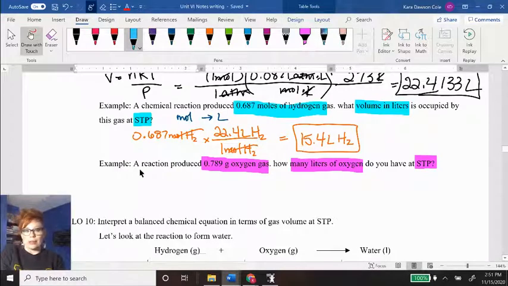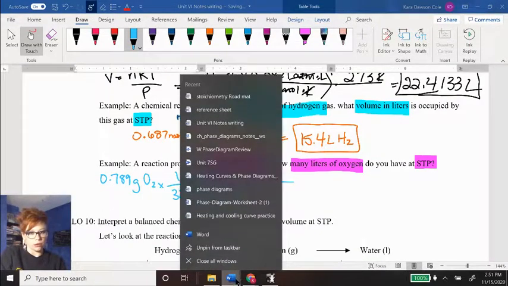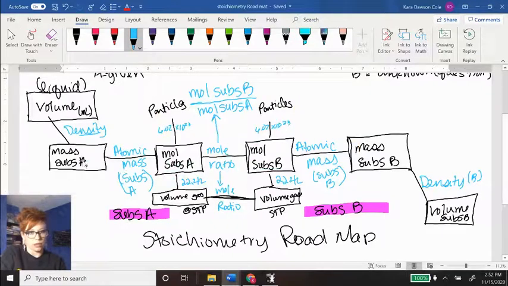So oxygen is magnificent. He's absolutely magnificent. So 0.789 grams of O2. Reason he's magnificent is because he's got 2. My first step is going through the molar mass. So 32.00 grams of oxygen over 1 mole of oxygen. And then again, another, because we've gone through two roads, right? 1 is the atomic mass. 2 is going to be the 22.4 liters.